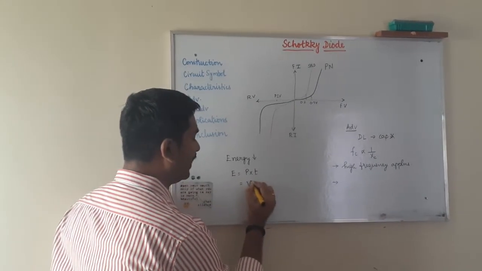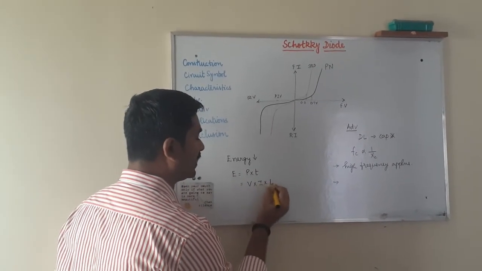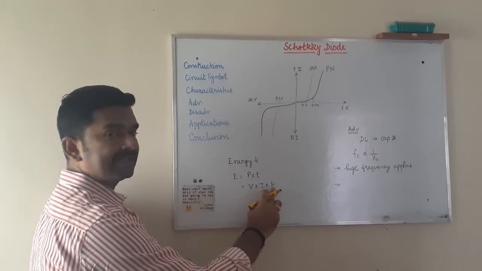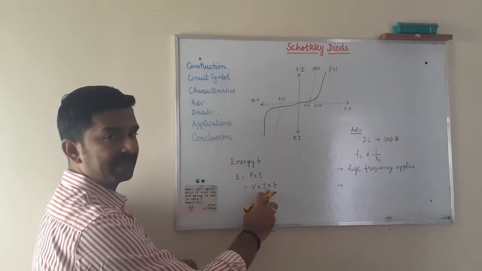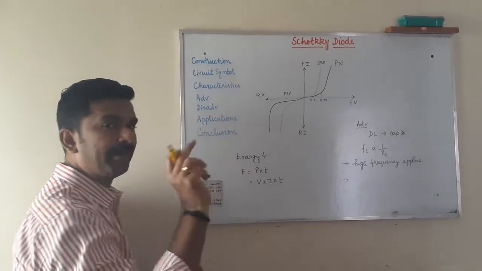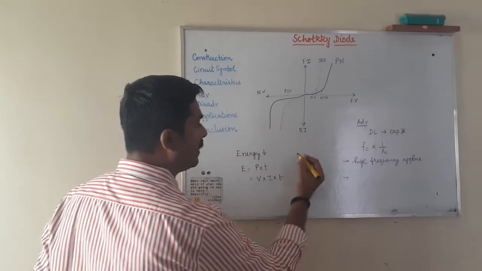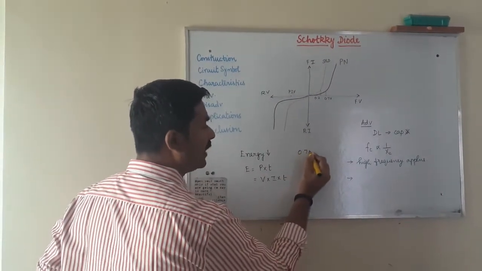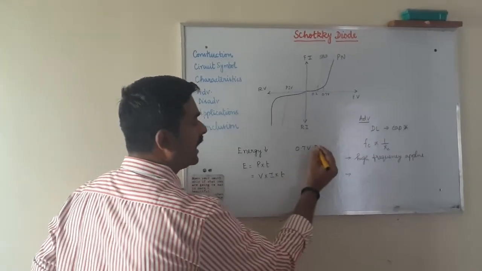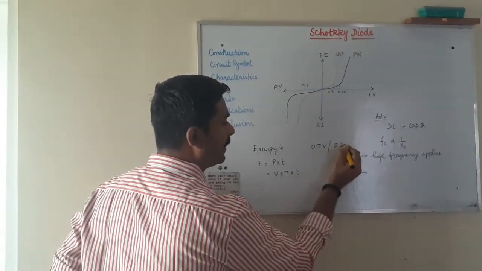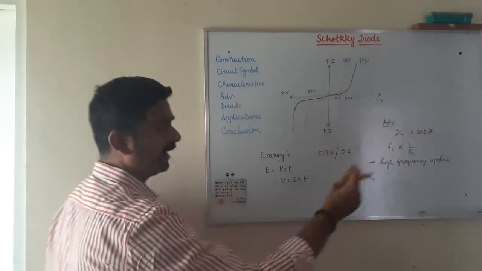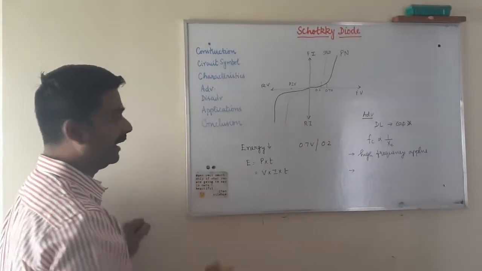Power எப்படி கொடுப்போம் அப்படினா V into I into T, சரிங்களா? T in seconds, V in volts, I in amperes. Okay, we will just have a comparison between a normal PN junction diode and a Schottky barrier diode. இப்போ normal PN junction diode க்கு forward voltage 0.7, Schottky barrier diode க்கு 0.2 அல்லது 0.25. நான் ஒரு இன்ஸ்டன்ஸ்க்கு 0.2 volts னு எடுத்துக்கிறேன், சரிங்களா?